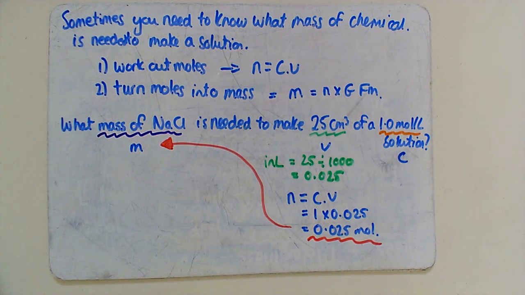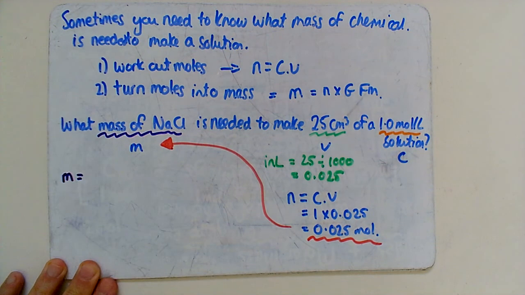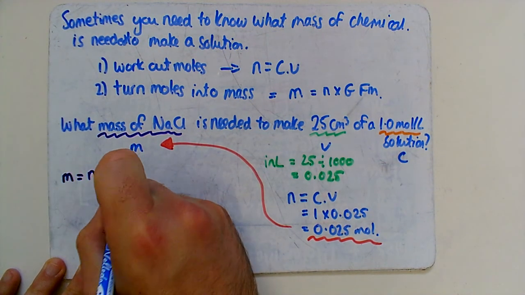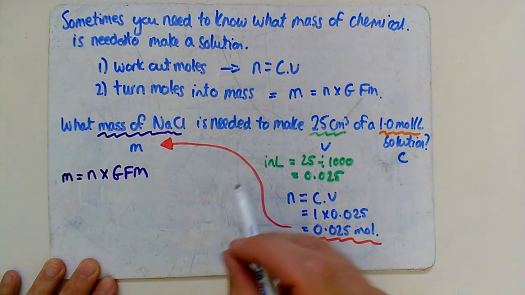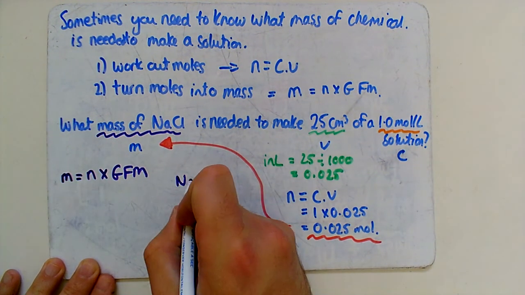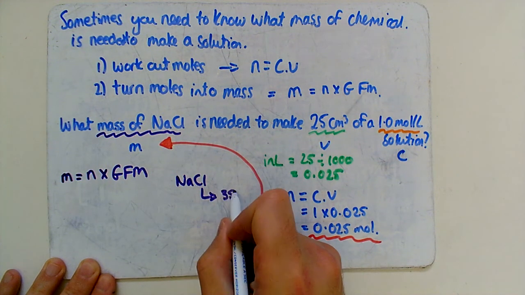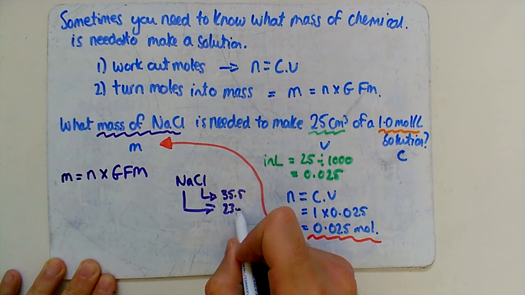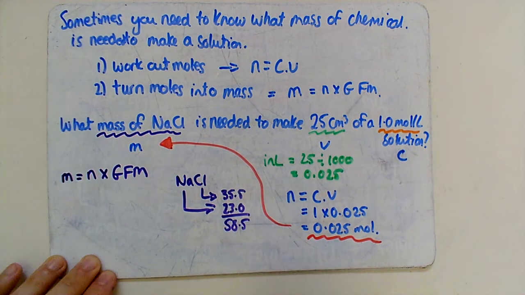Now for doing that, mass equals moles multiplied by GFM. Now GFM is sodium chloride. Chlorine is 35.5, sodium is 23.0, so it gives us 58.5.